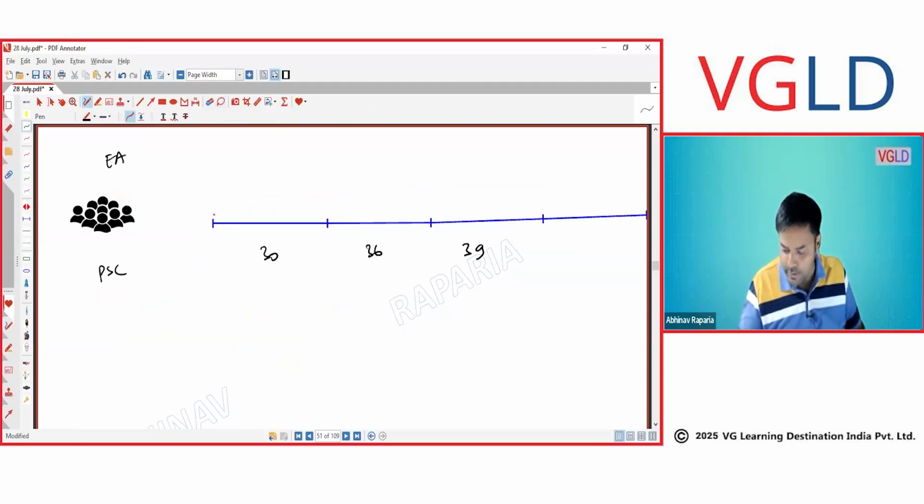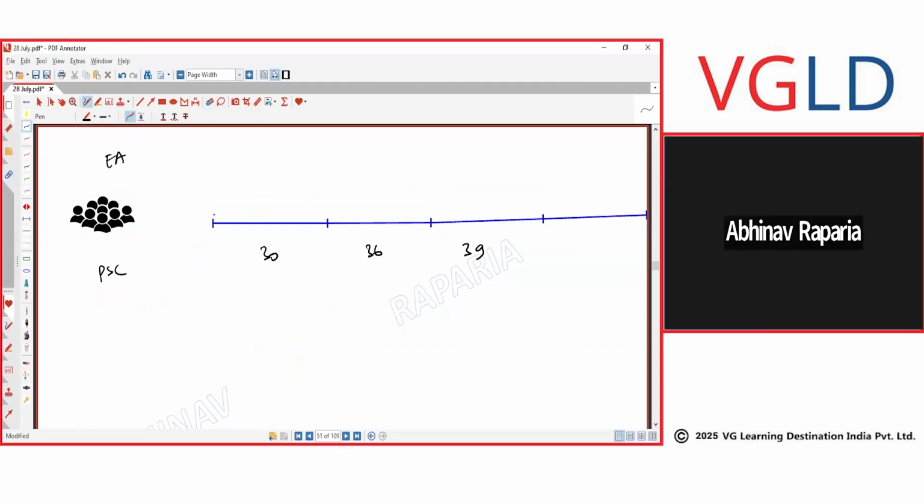Can you follow the cash method, your cash basis here? Can you follow the cash method?